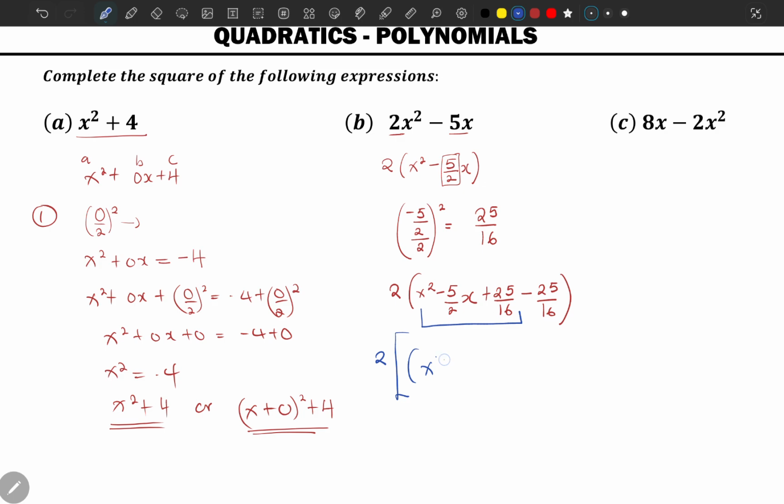So x squared minus 5 over 2x plus 25 over 16, I'm going to group this, and I'll say minus 25 over 16. Why am I grouping like this? You need to pay particular attention. So I'll close.